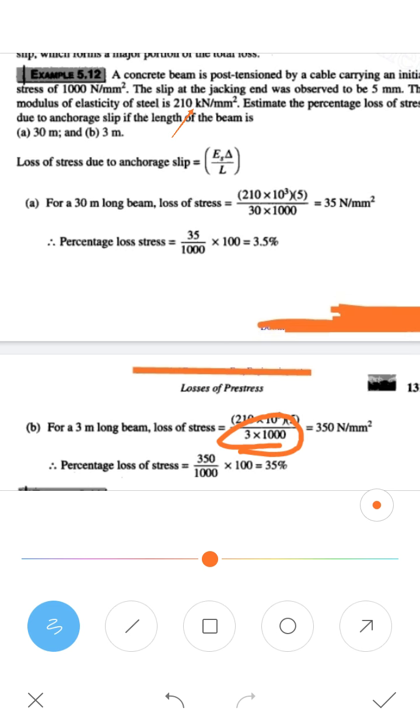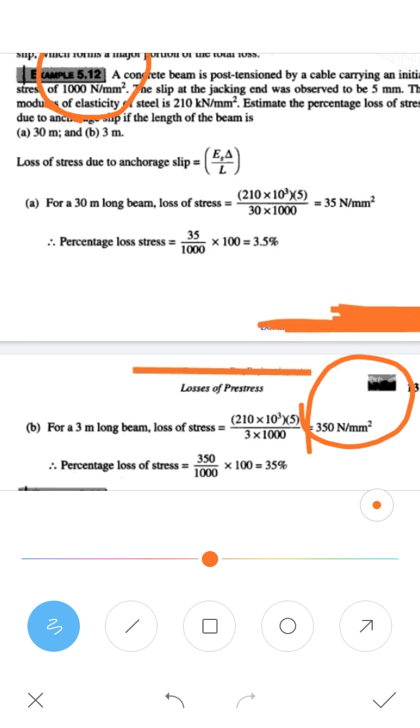Okay, so finally after calculating this term, you will get around 350 newton per mm square. So now the initial stress is 1000 newton per mm square and the loss is 350.